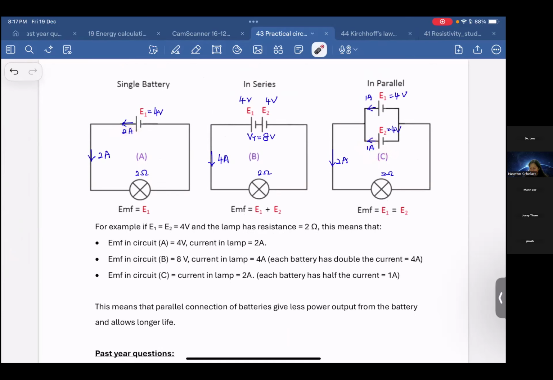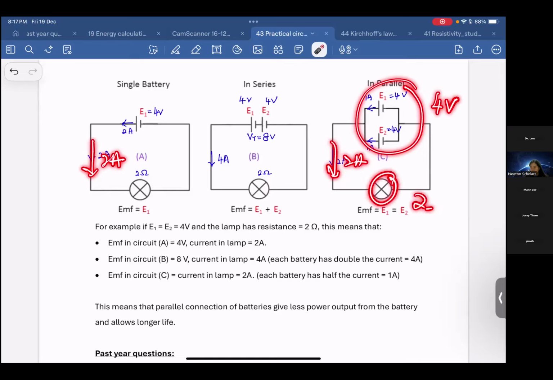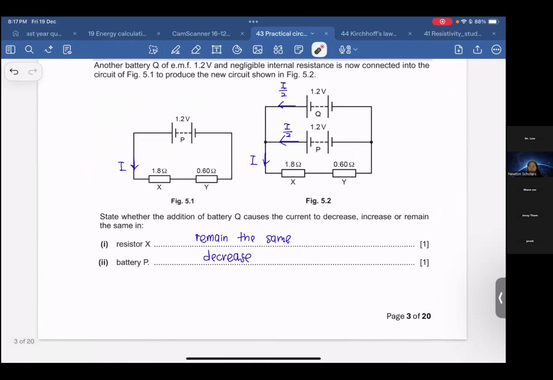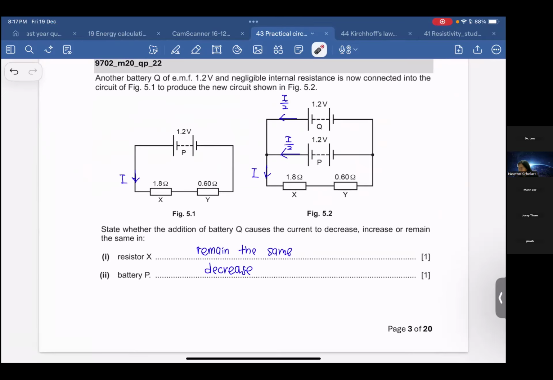But the total current in the circuit remains unchanged, because total EMF is still 4 volt and total resistance is still 2 ohm, so your total current is still 2 ampere. Okay, is that clear? Fatima, okay. Vashini, okay.